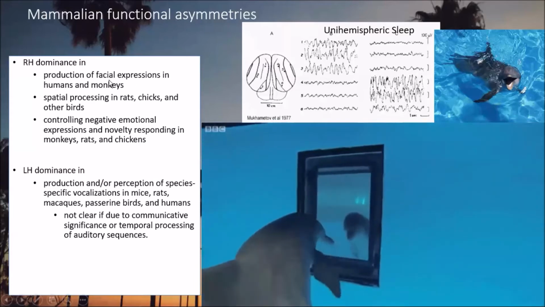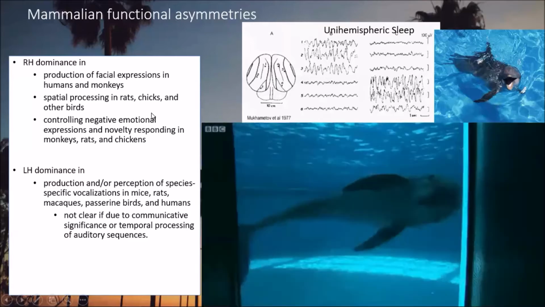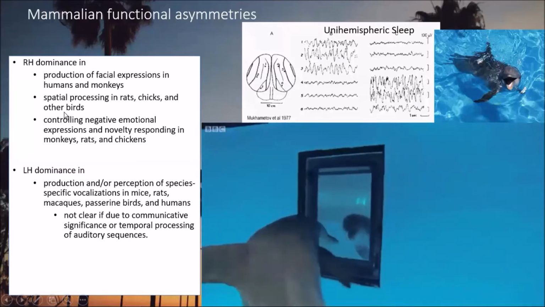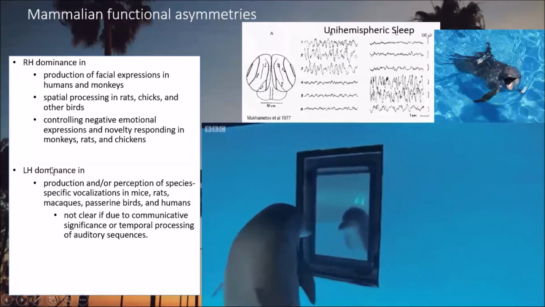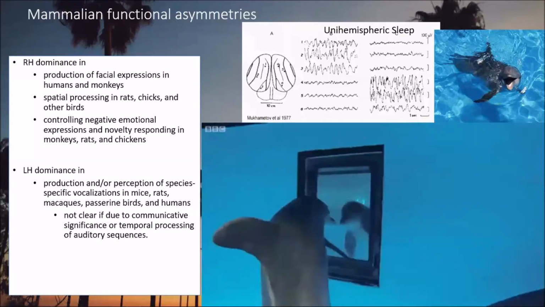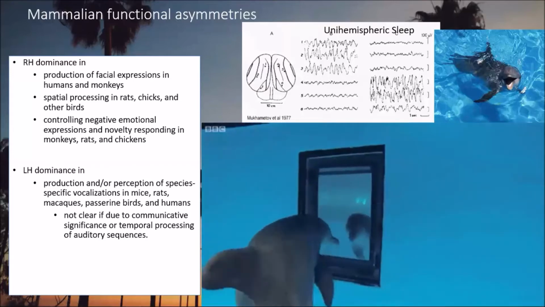Right hemisphere dominance often follows what we expect: spatial processing, facial recognition, all the way down to even these primitive mammals and birds. Production of vocalization is left hemisphere. So it's a basic mammalian quality of the expressive side versus the receptive side.